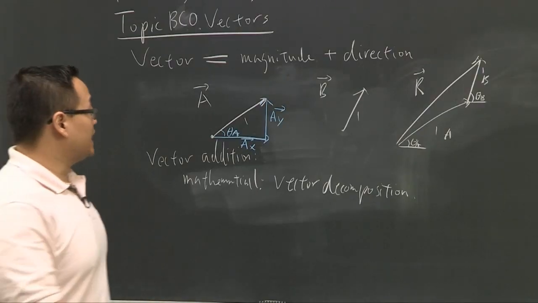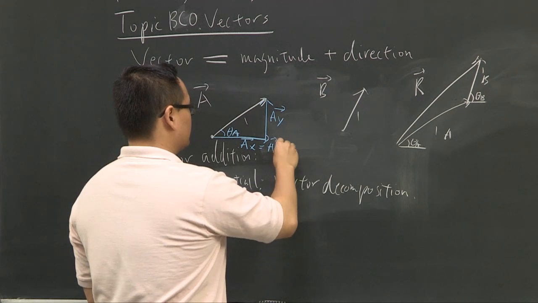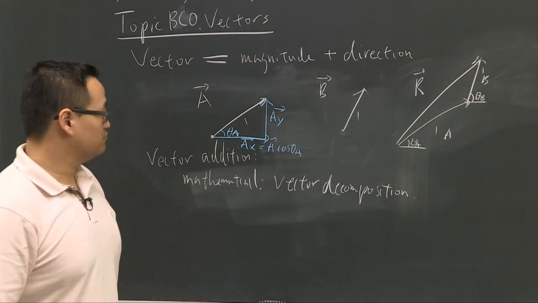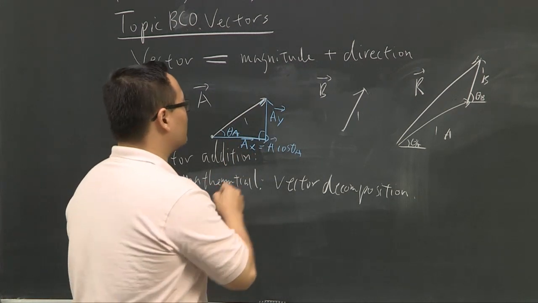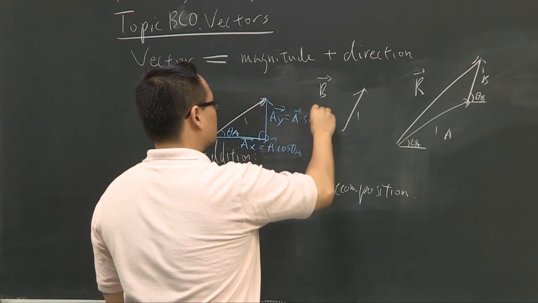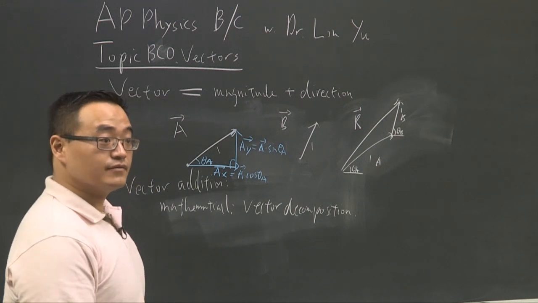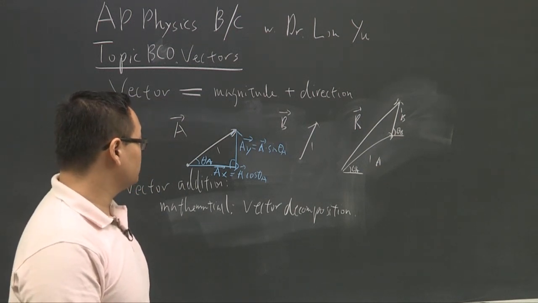What is Ax in this case? A times cosine of theta A, because this is a right triangle, that's fairly straightforward. Ay is what? A times sine of theta A. That's it. That's pretty straightforward.